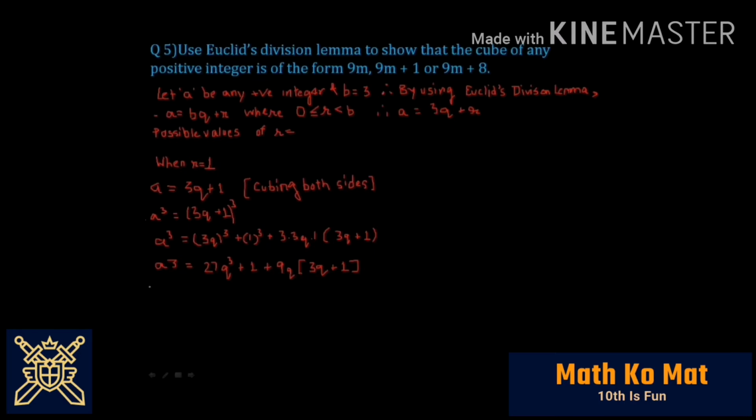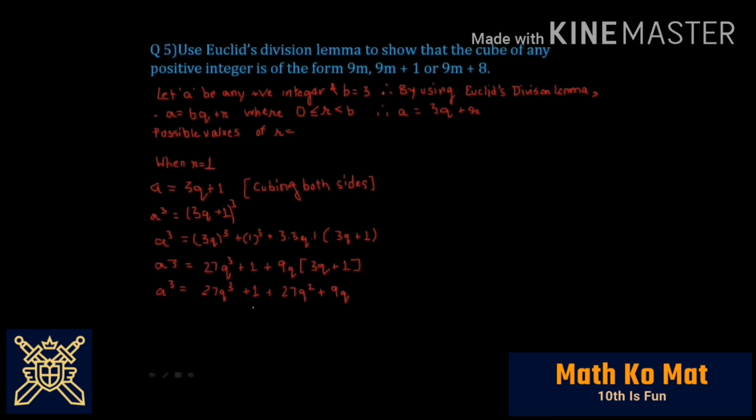So here, as you can see, we have to multiply 9q into 3q plus 1. Therefore, you will multiply 9q into 3q and 9q into 1, which is equal to 27q cube plus 1 plus 9 3s are 27, and q into q is q square, and 9q into 1 is 9q. So plus 9q. So we have got a value in all the variables after using the identity.